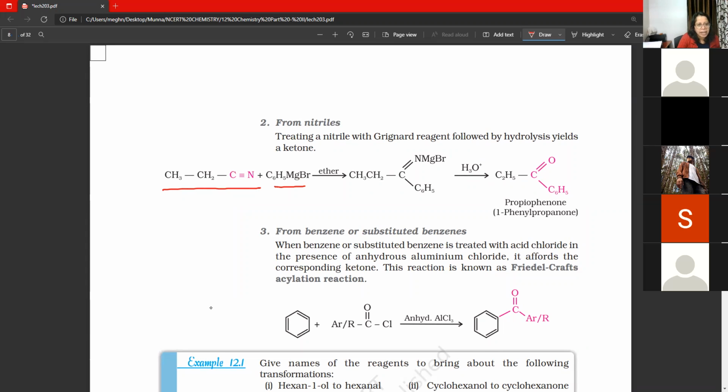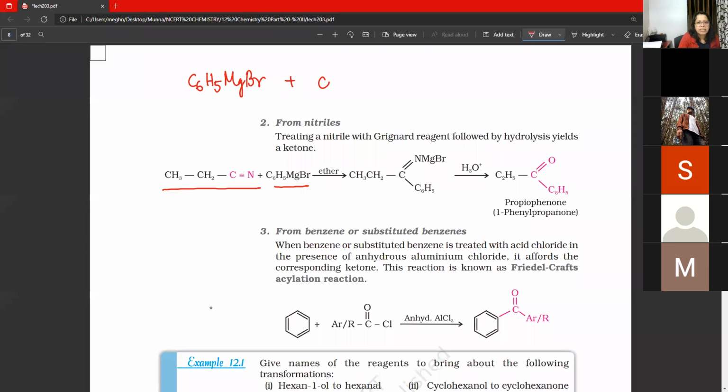When treated with Grignard reagent, see the changes, children. What has happened? Triple bond converts into double bond. Here it is C6H5MgBr. Try to understand the reaction.